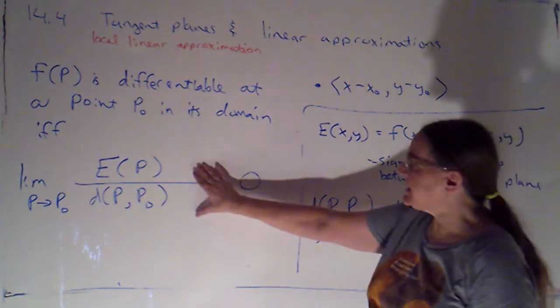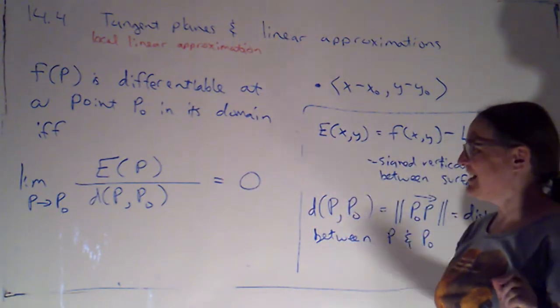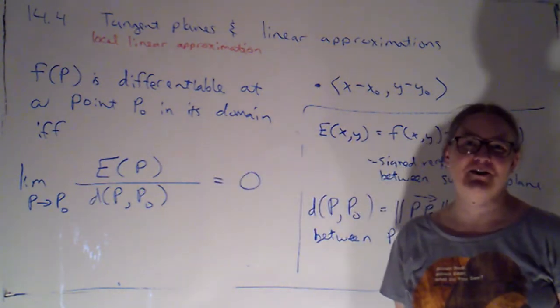Now, I purposely switched from writing things in terms of x, y to just generic points, because this is going to work for functions of 3 variables too.